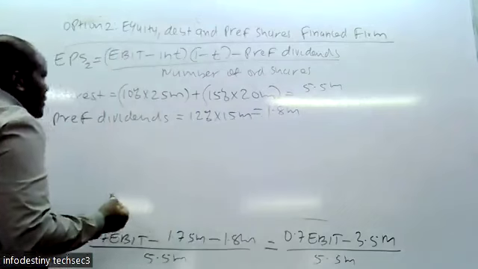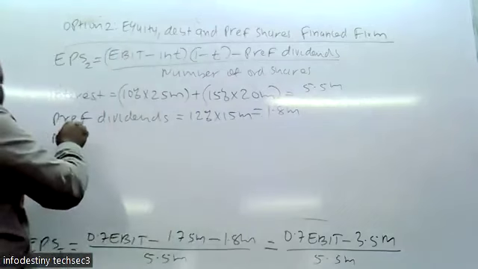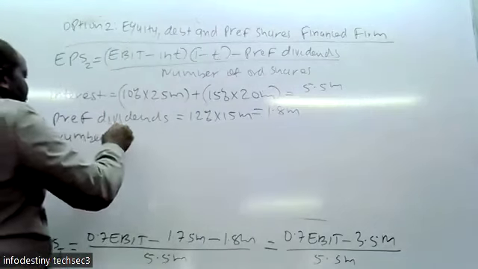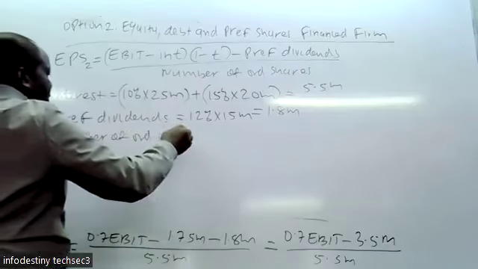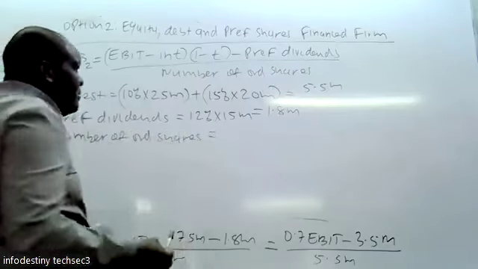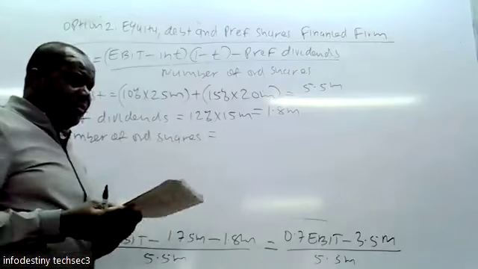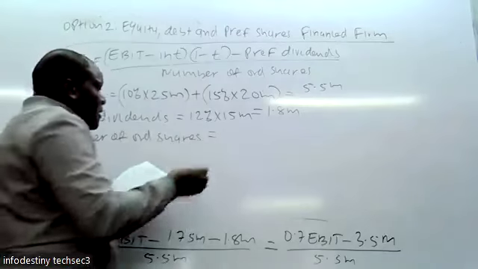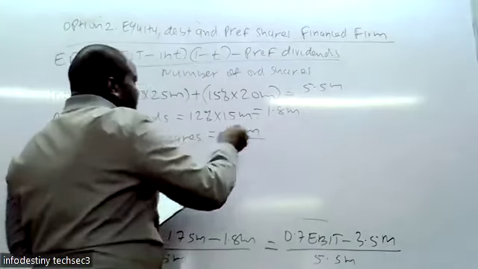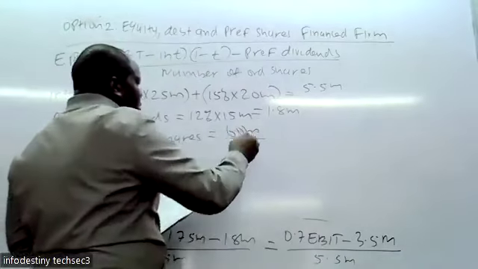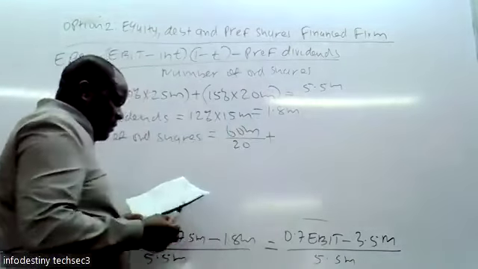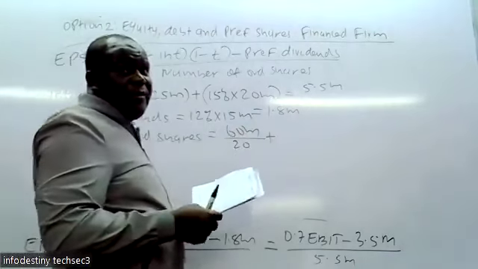Then also the number of ordinary shares. 30 million is coming from the ordinary shares.